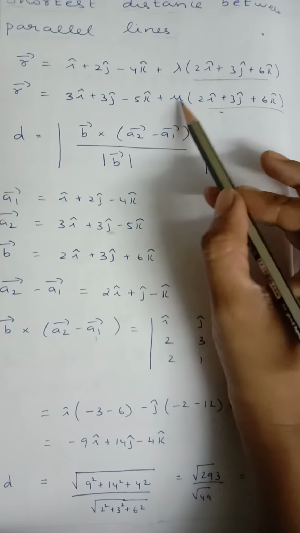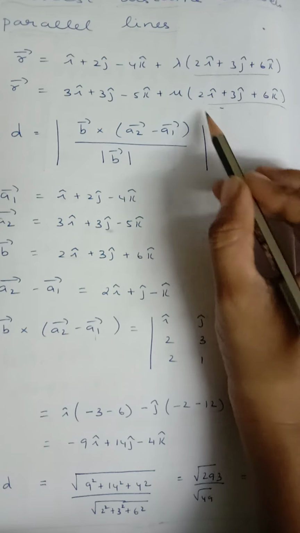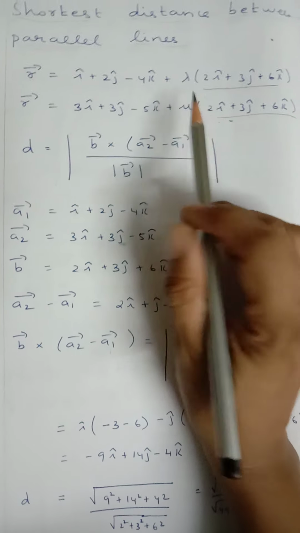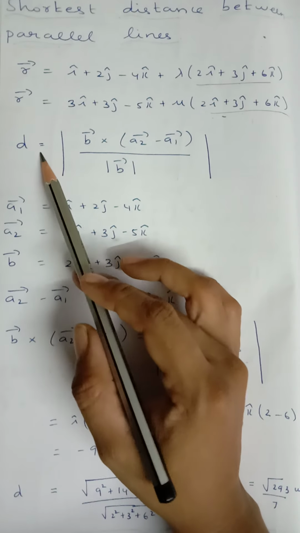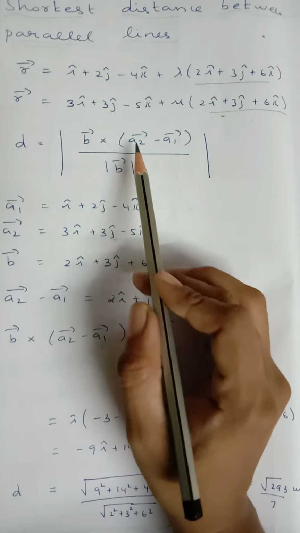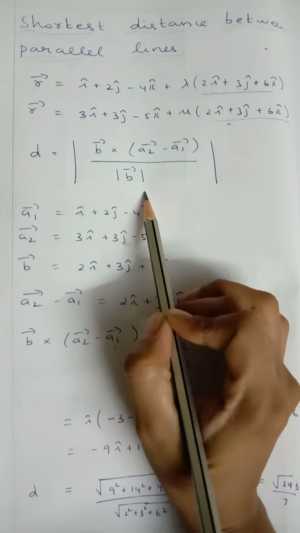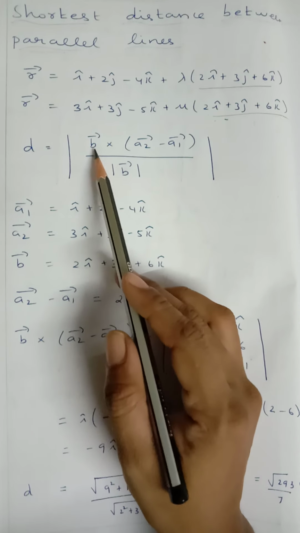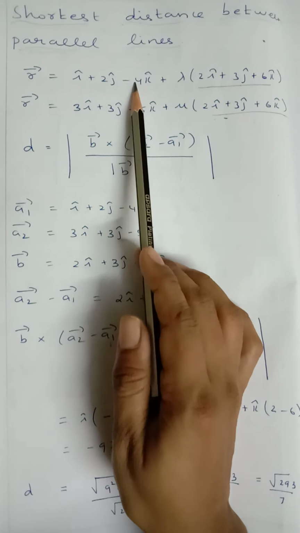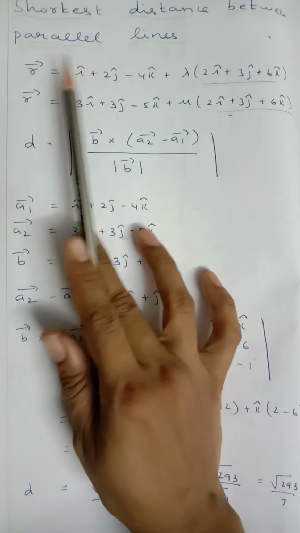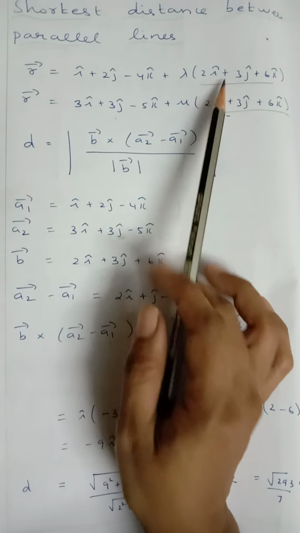You can have it in terms of constants also, that is, some lambda into some value. So for parallel lines, the shortest distance is b cross a2 minus a1 by magnitude of b vector. Here you don't have b1 and b2. This is your a1, this is your a2, this is your b vector. Parallel lines means it will be same, right?